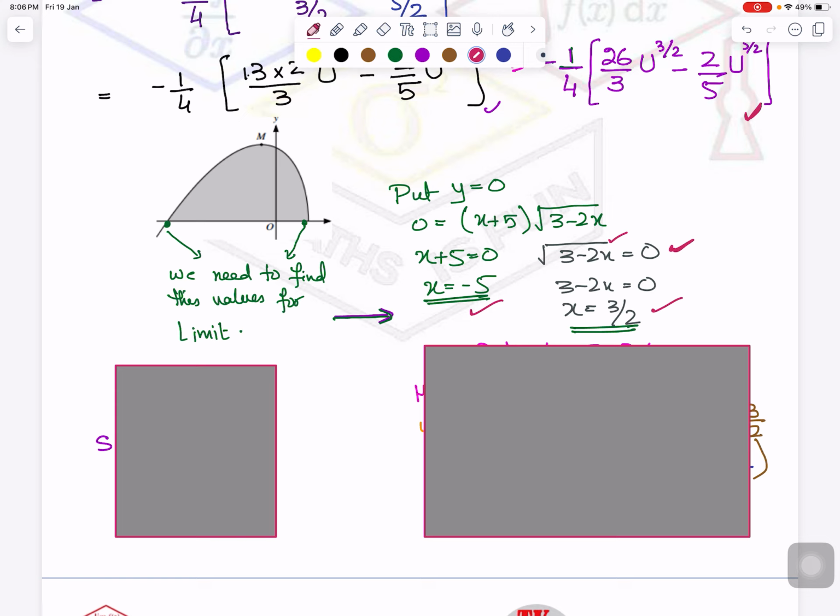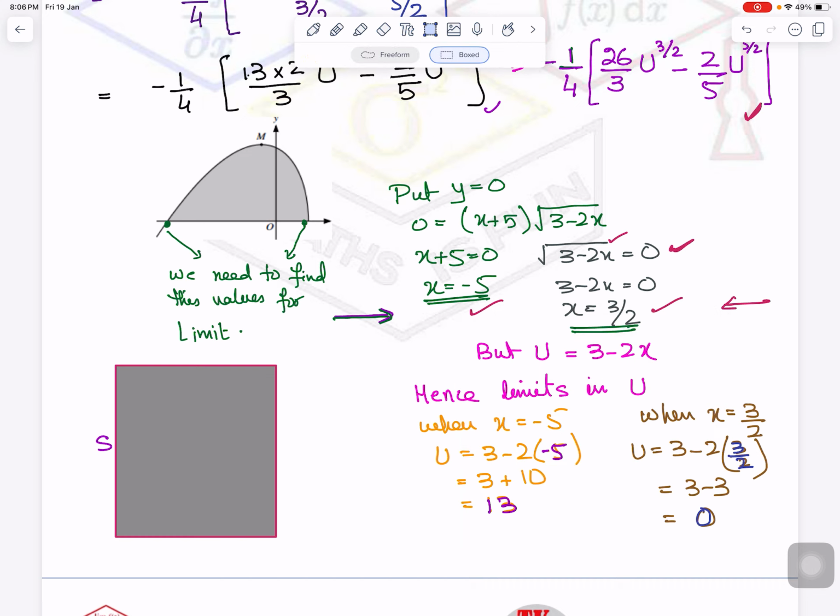So there are two ways to do it. What did I do? I changed my limits of x into u. And how did I do this? Because what was given to us is u equals 3 minus 2x. So using this equation, when x is minus 5, I will substitute minus 5 here and I got u as 13.